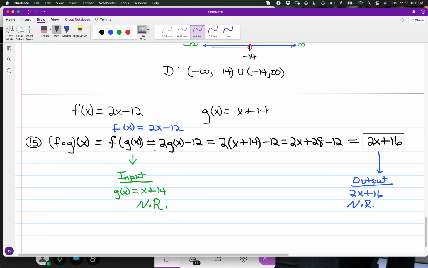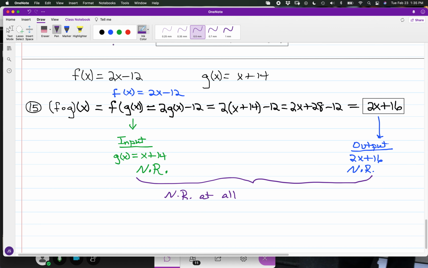Since the input function and the overall composition do not have any restrictions between them, that means for the composition itself there is no restriction at all. So for the composition f composed with g of x, the domain is the set of all real numbers.